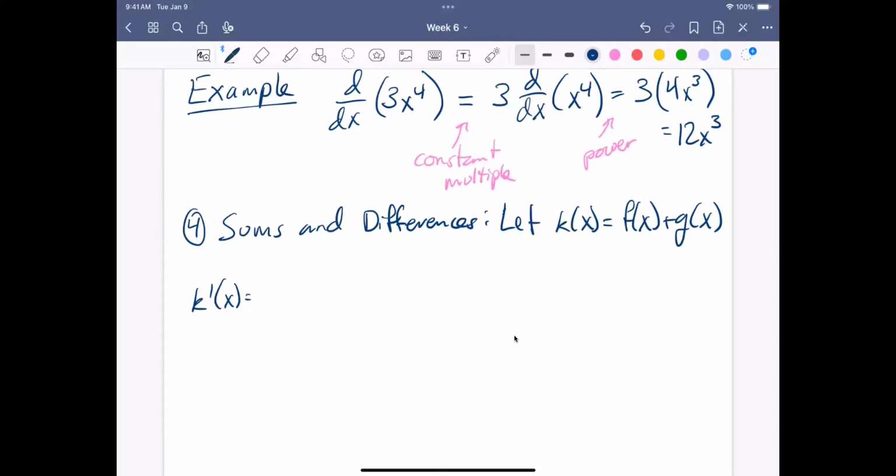Okay, so using our definition, again, k prime of x is going to be the limit as h approaches 0 of k of x plus h minus k of x all over h.